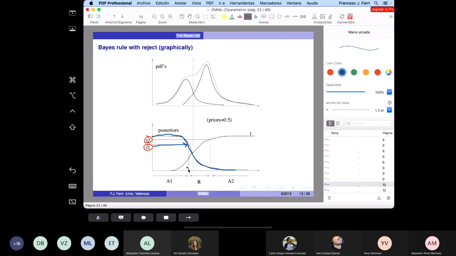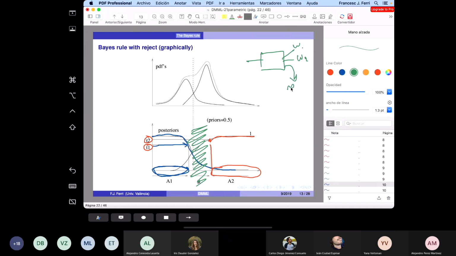So for these values, I answer class 1. For the same reason, the second threshold, for this area, I answer class 2. And in this area, I say nothing, reject. Okay? So in that case, my predictor is class 1, class 2, or reject. I'm not sure. Okay?